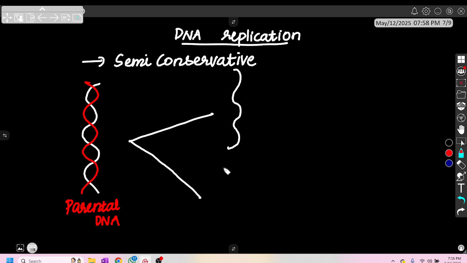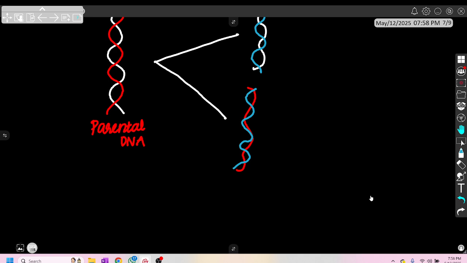The two parental strands will separate. Then each strand will form its own complementary strand. Each strand will give rise to its own complementary strand. I will show this with the help of sequences also.